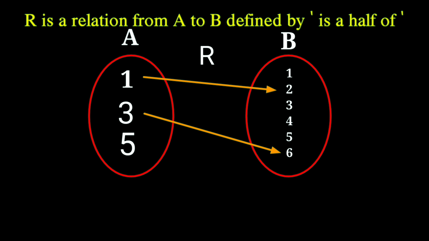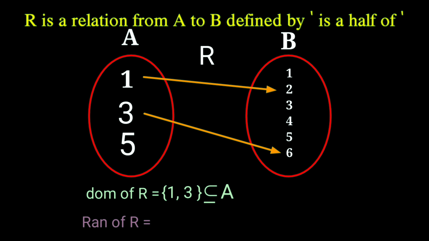Now for this relation R, let us write domain and range. Domain of R is equal to set of all the elements of the set A which are paired, that is set of 1 comma 3. Clearly the set of 1 comma 3 is a subset of the set A. So in this relation R, domain of R is a subset of A. And let us write range of the relation R. It is nothing but set of all the images.